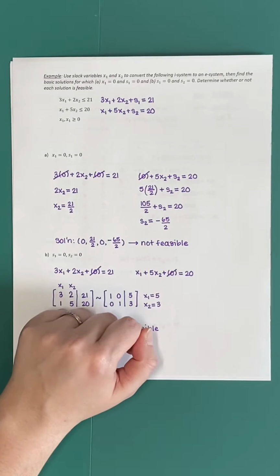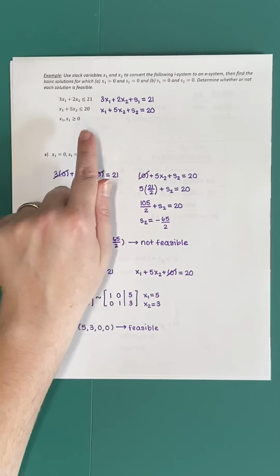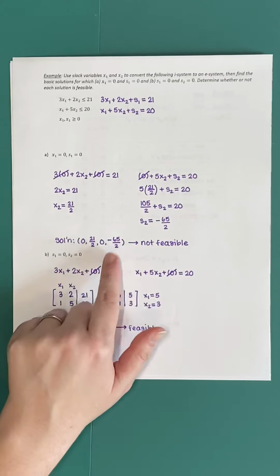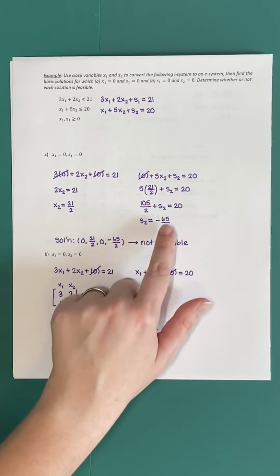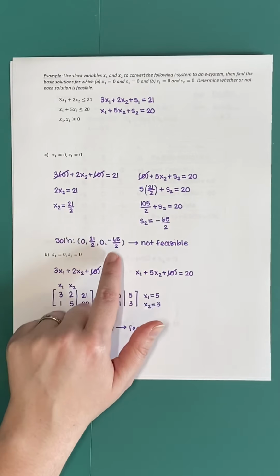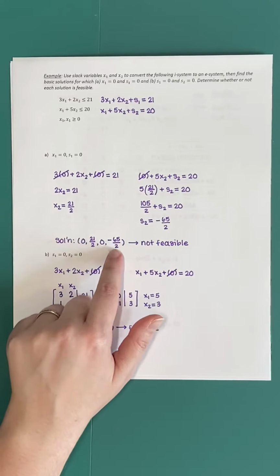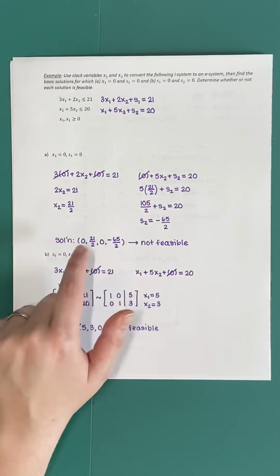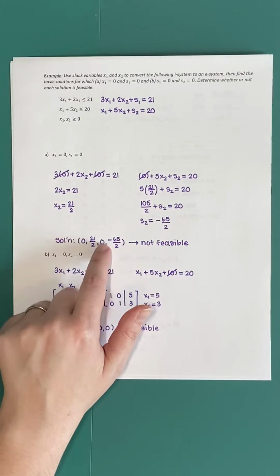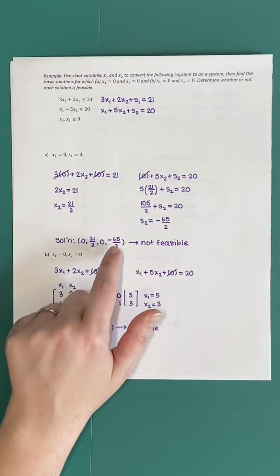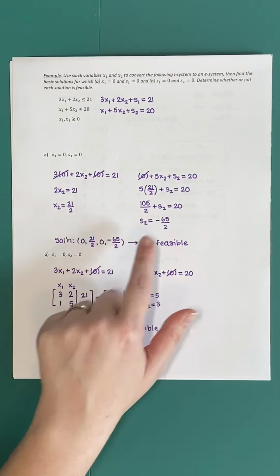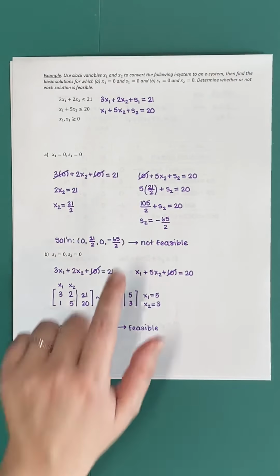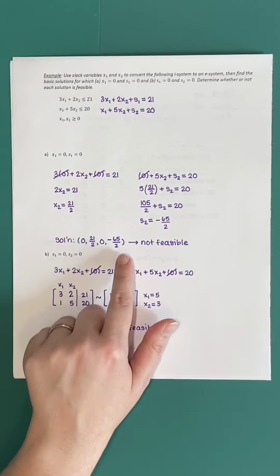Is that a possible solution that solves the linear programming problem associated with these constraints? We know this is not feasible because of that last slack variable. As soon as that slack variable is negative, that means we've overused our resources. So although slack variable 1 is okay, we don't have any slack for variable 1, we do have negative slack for the second problem constraint, which means this is not a feasible solution.